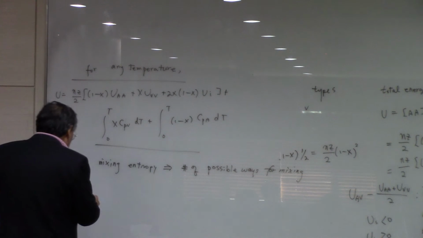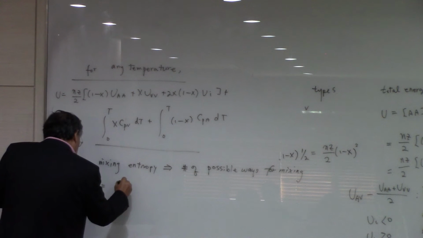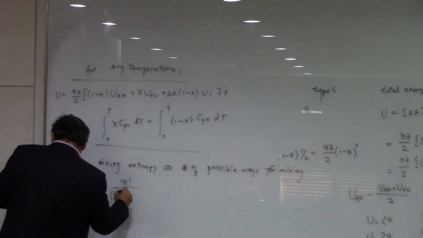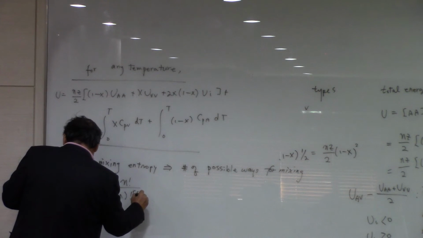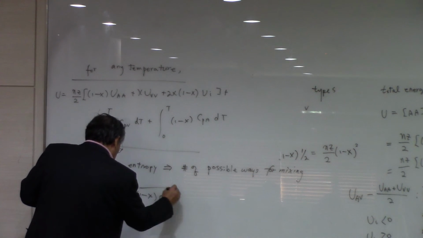Then we go into statistics, factorial thing, N factorial over xN factorial times (1 minus x)N factorial.